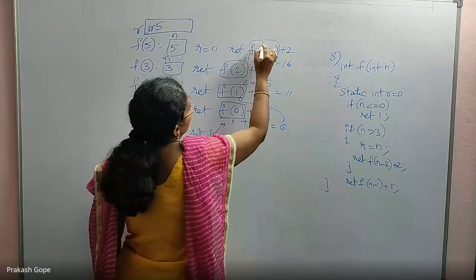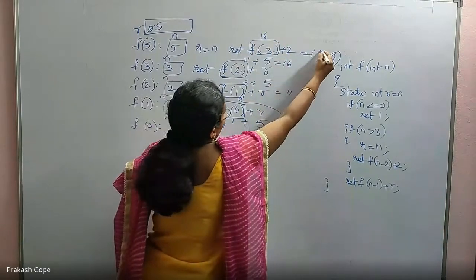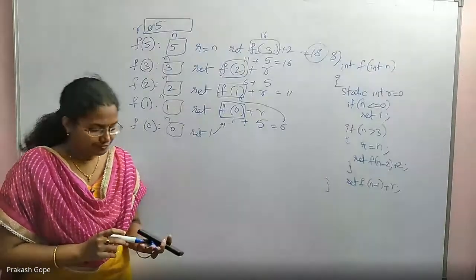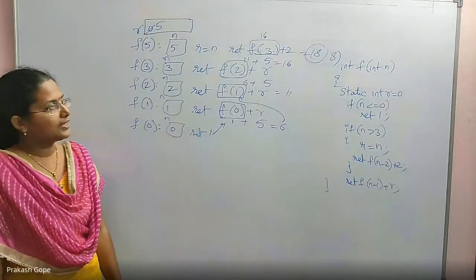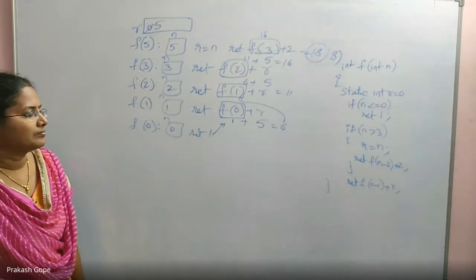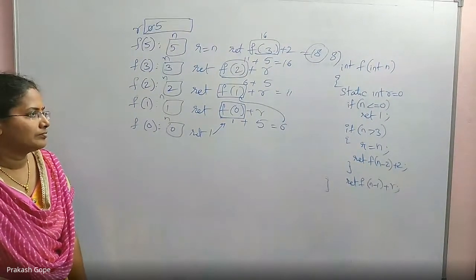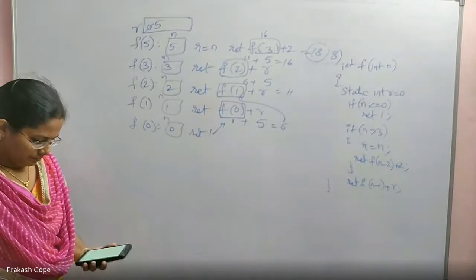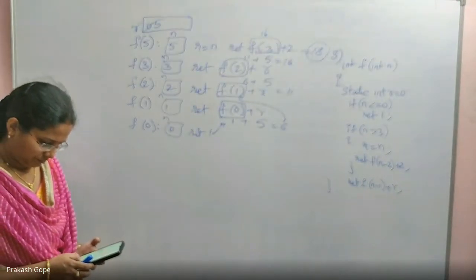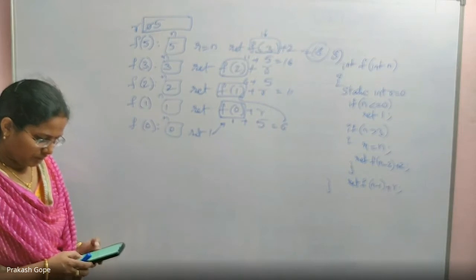Use this here. 16 plus 2 is 18. That is the value of f of 5. Answer is 18. Answer D.